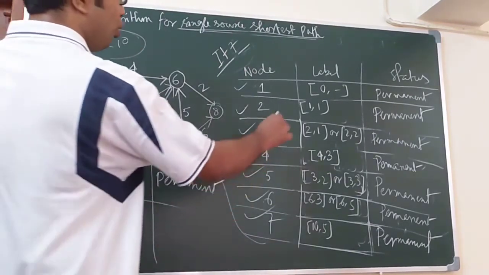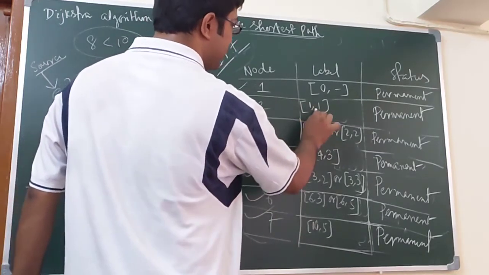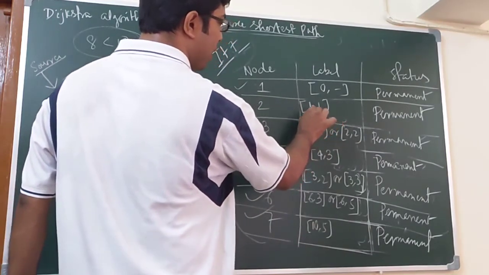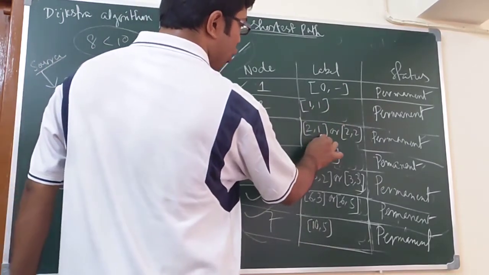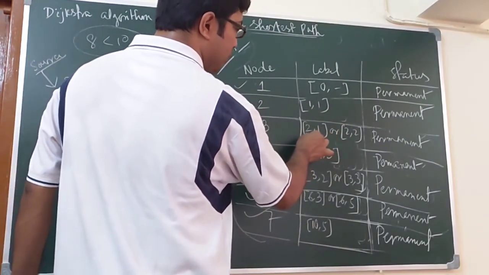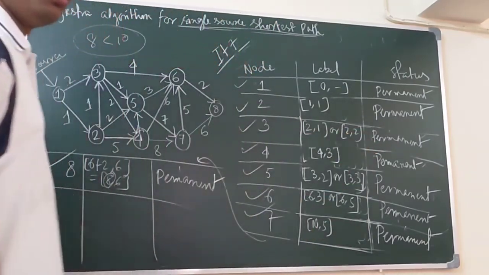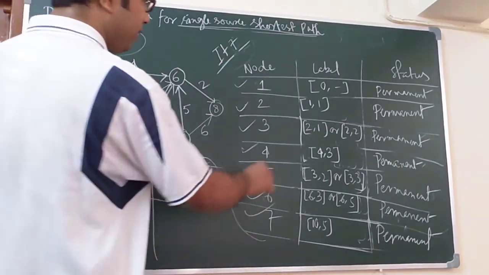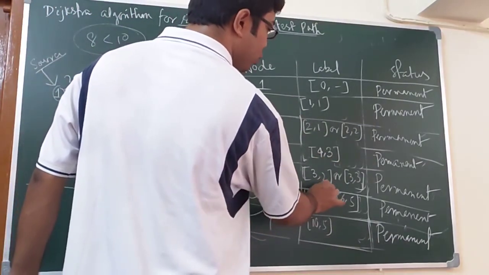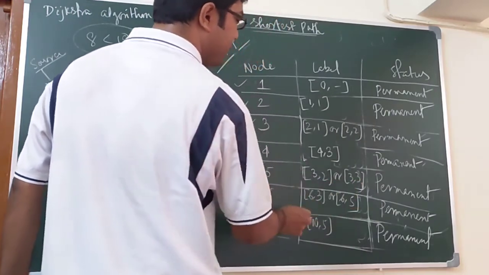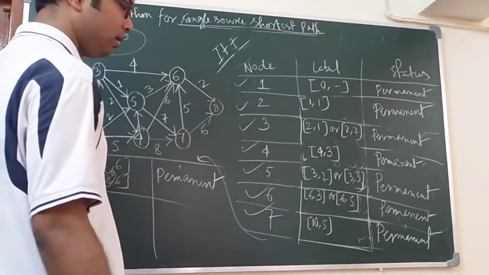Node 1, the level is 0. Node 2 can be accessed from node 1 with the cost 1. Node 3 can be accessed from node 1 with the cost 2, or node 2 with the cost 2. Similarly, the level value of node 4 is 4, 3, and node 5 is 3, 2 or 3, 3, that is, node 5 can be accessed either via the second node or via the third node with the cost of 3.